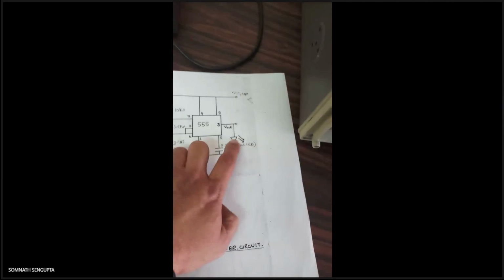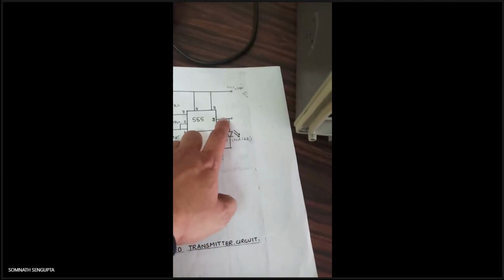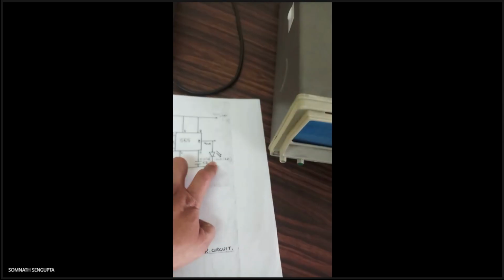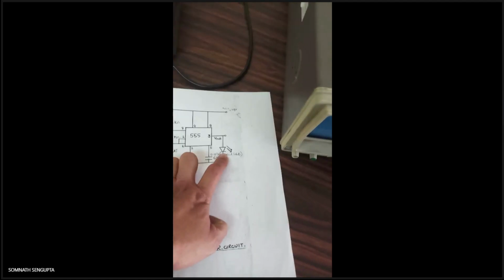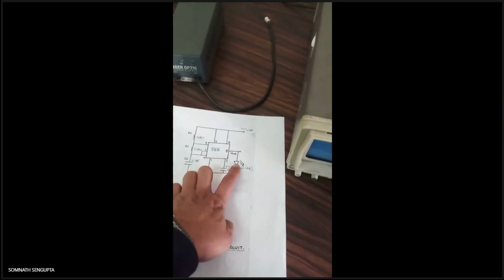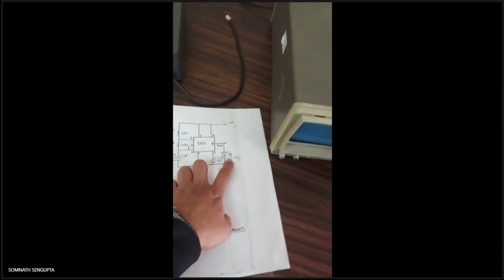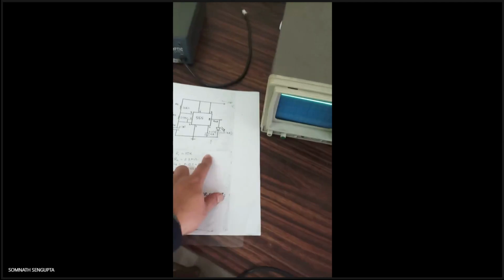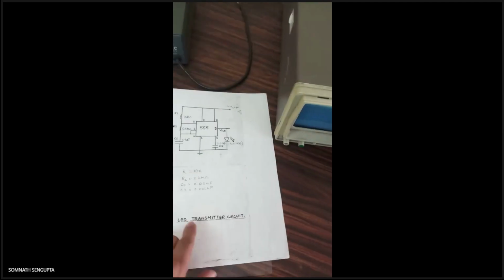The square wave passes through the LED, and the LED emits light according to the square wave. So it will be on and off, but since its frequency is higher, you cannot see the blinking. Still the signal will propagate into the fiber. This is called the transmitter circuit.